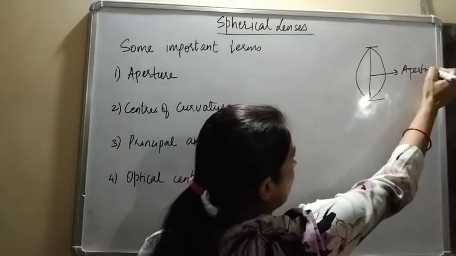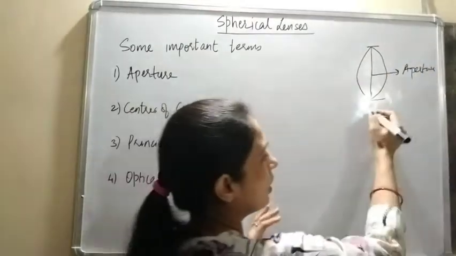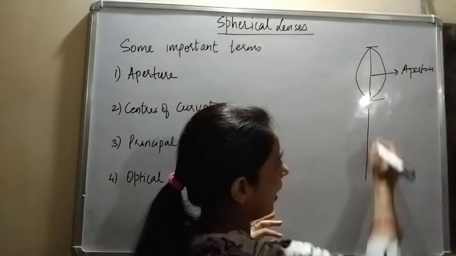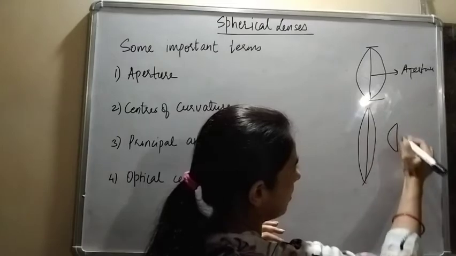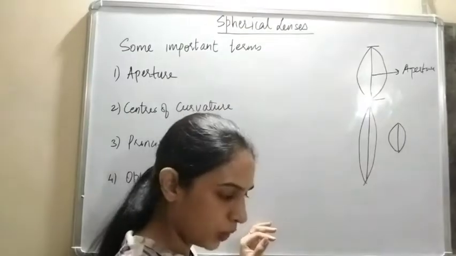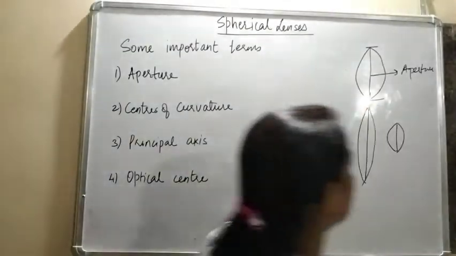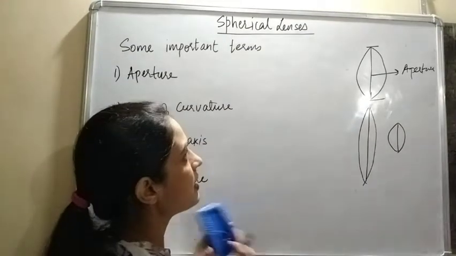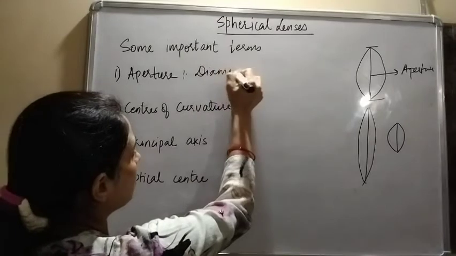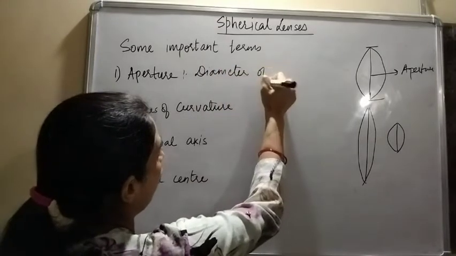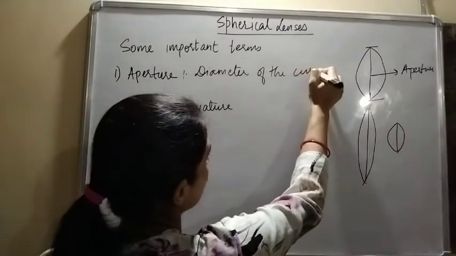A curved surface can have this diameter, it can have this diameter, whatever. So that diameter of the curved surface is the aperture.